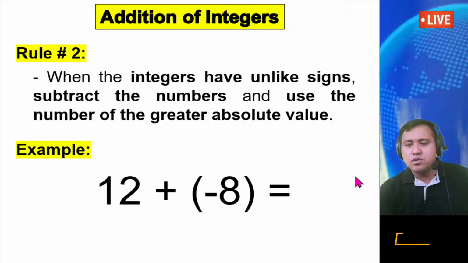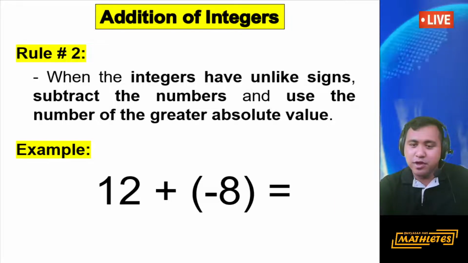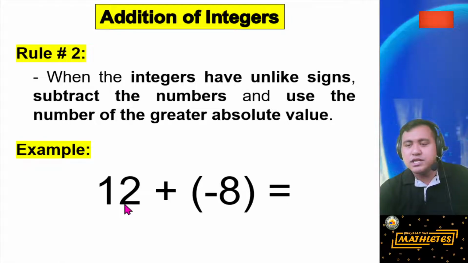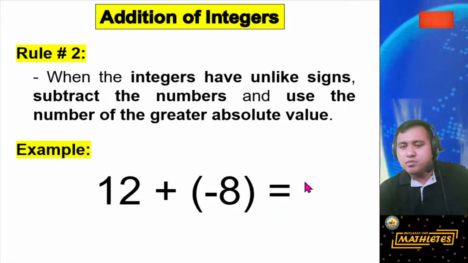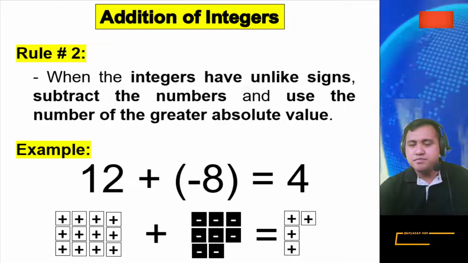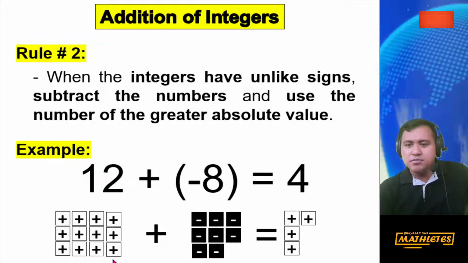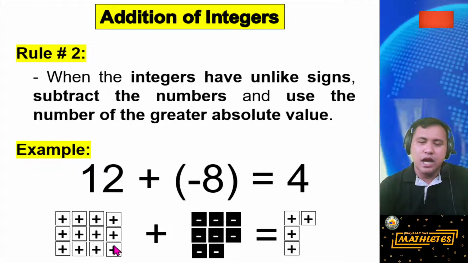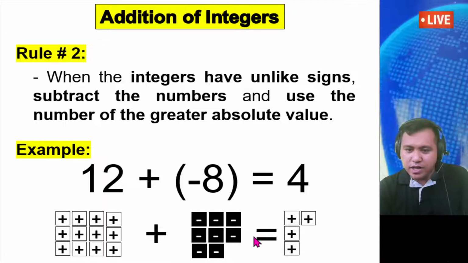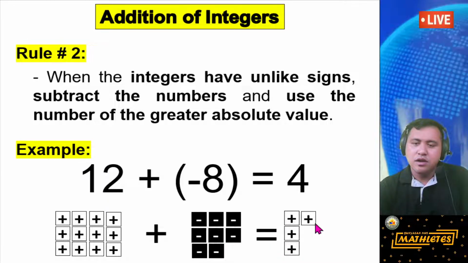So that makes 4. Our answer is positive, because 12 has the greater absolute value and the sign of 12 is positive. So positive 4. Di ba? Okay, using the tiles, there are 12 positive tiles plus 8 negative tiles. So atong ipares, so ang mabilin is there are only 4 positive tiles.